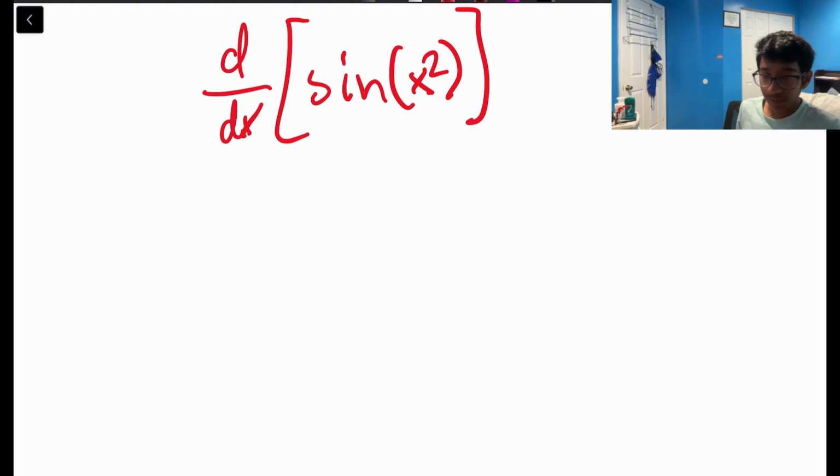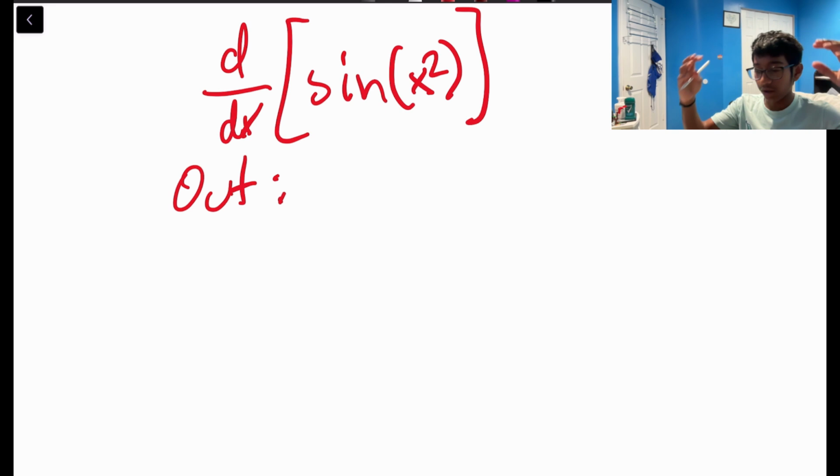So when approaching a problem, we first want to define what the outer function and the inner function are. The outer function in this case would be the overarching function affecting the variable. I like to think about it as substituting a variable into the expression we have. So suppose sine of x squared, we can say sine of u, where u equals x squared.